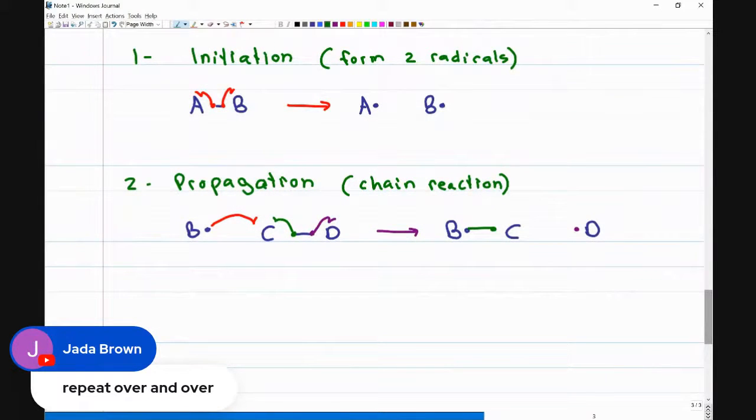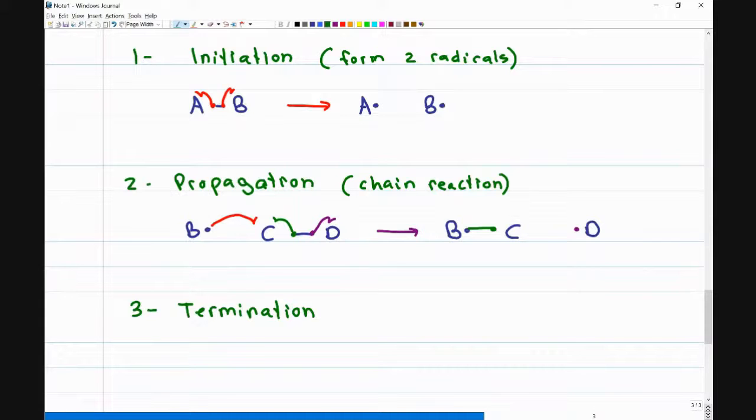The last step, and this is the least common, which I'll show you when we do the mechanism, is called termination. Termination, as the name implies, is to terminate, to finish. A termination reaction is when you have two radicals. So let's see what we had above. We had radical B just hanging out, radical D just hanging out, and the two radicals come together.